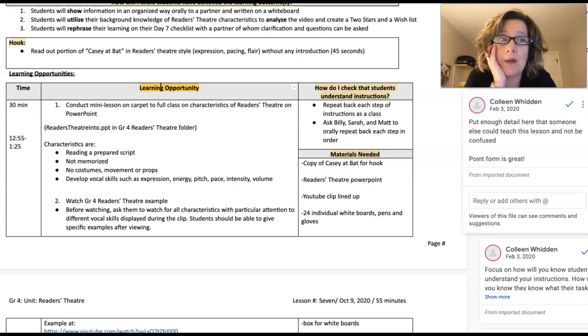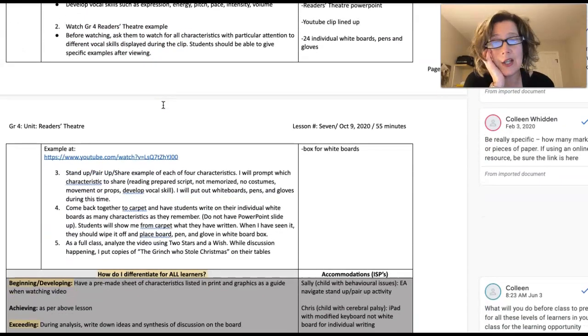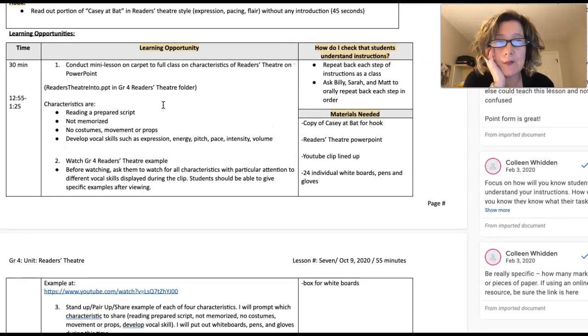You won't remember where that PowerPoint is. So be super specific in there. Put as much detail in as you need. So if you think you might forget the characteristics, put them there. And then you're going to watch grade 4 Reader's Theater example, and then you're going to go through all this. I'm going to leave this with you to peruse. I'm going to just explain the sections, and then let you actually look at my lesson plan.